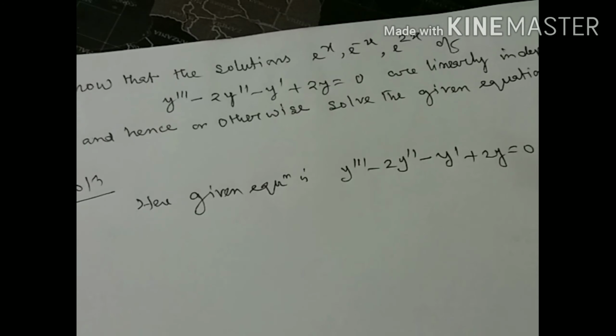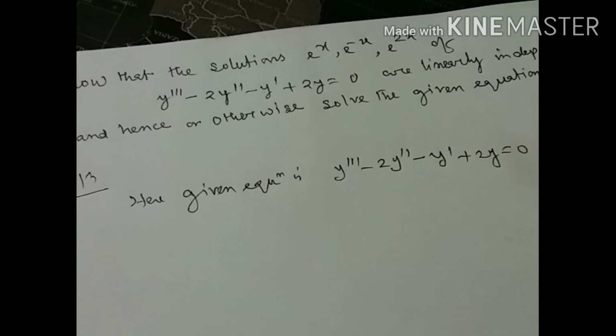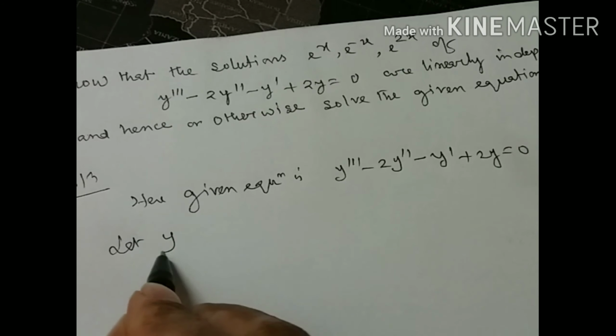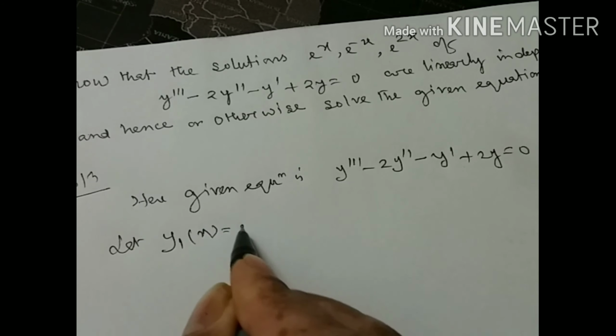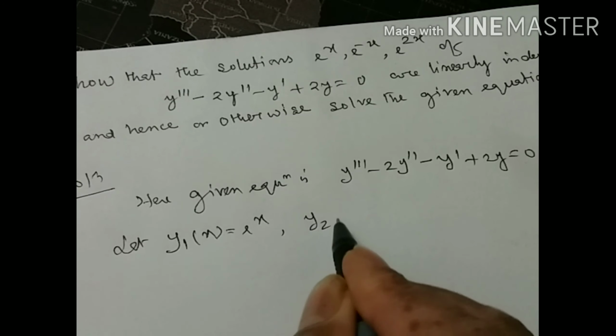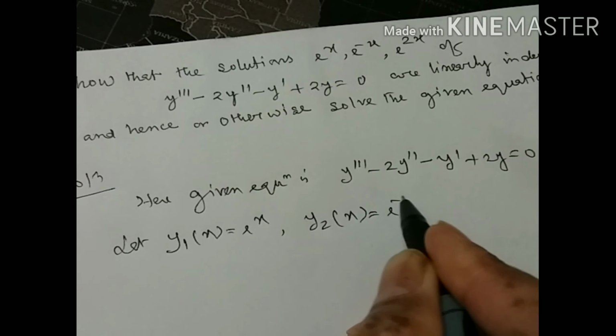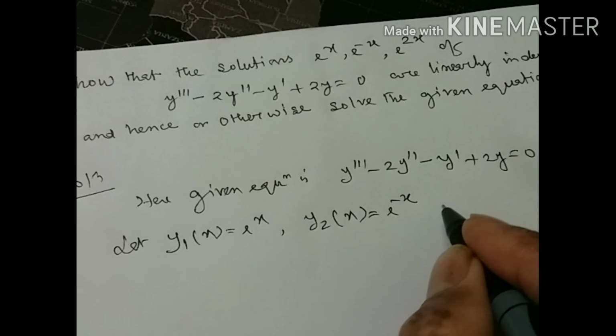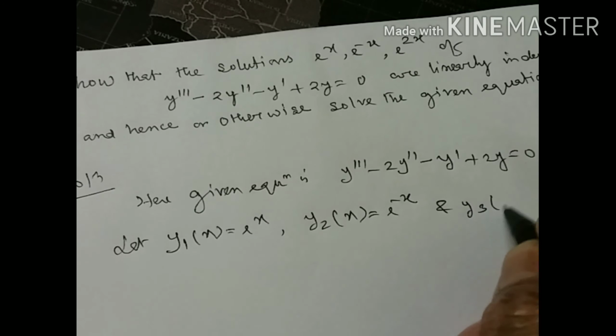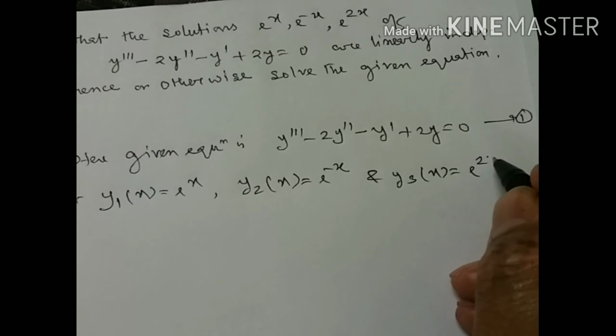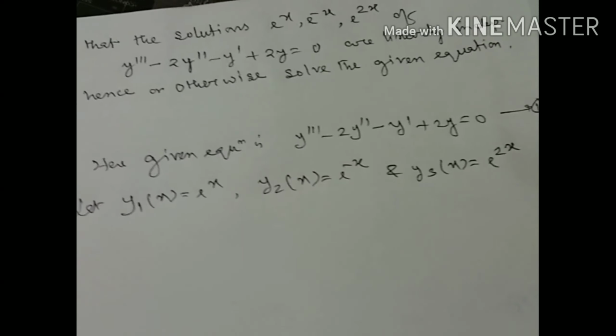And we are asked to show that e to the power x, e to the power minus x and e to the power twice x are three solutions. So we are supposing y1(x) equal to e to the power x, y2(x) equal to e to the power minus x and y3(x) equal to e to the power twice x.